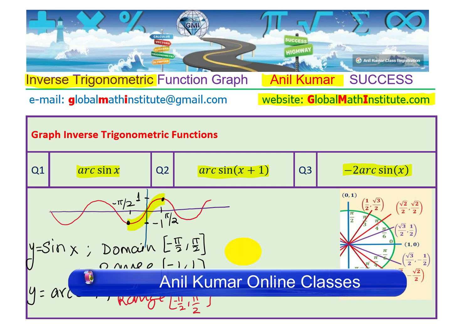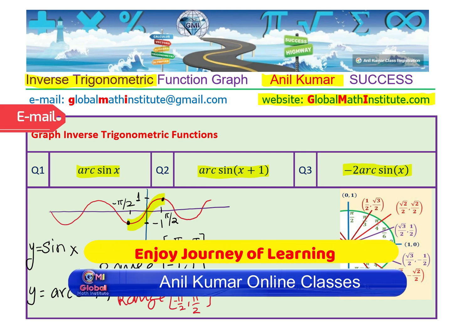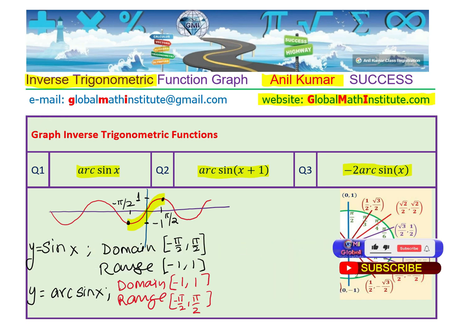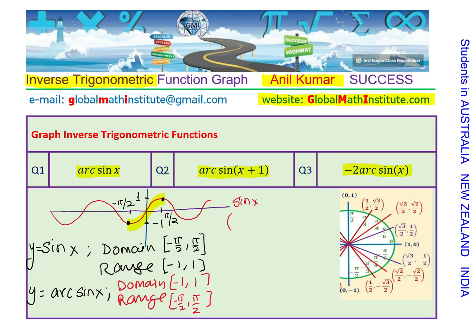Perfect. Now, to sketch a good graph, what we should do is take some values. We know the extreme values, of course. So we'll take some values between minus pi by 2 and pi by 2. Just to make it simple, for sine x, we could take the minimum, minus pi by 2, giving minus 1, then 0, 0, and at pi by 2 we have 1.